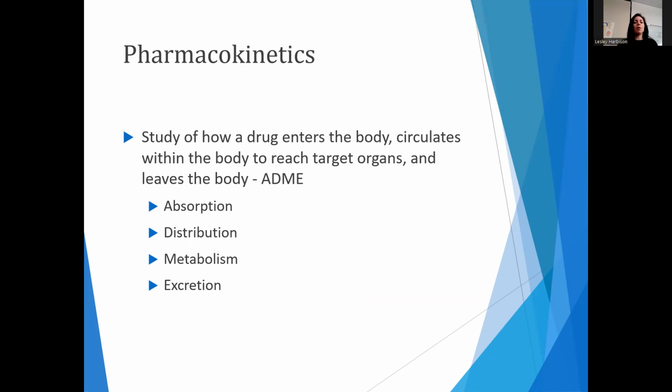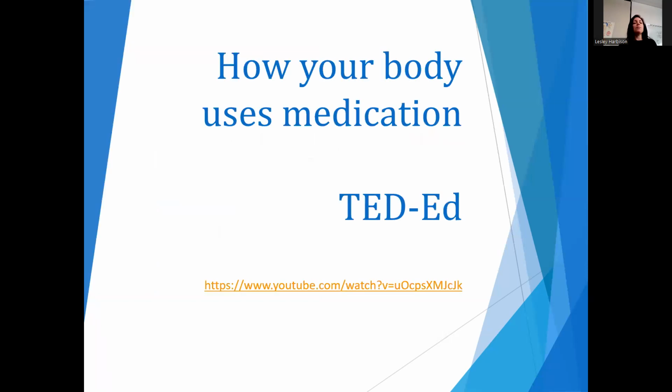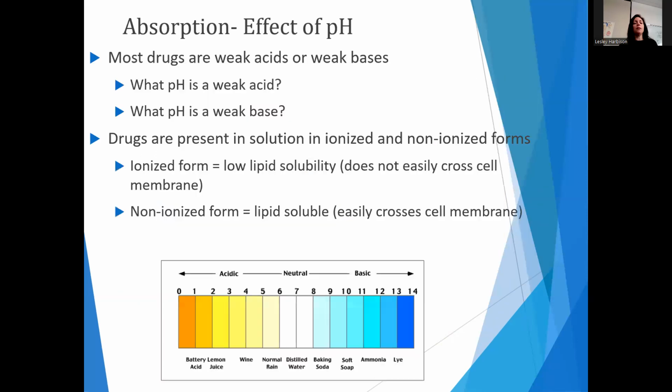So that one has a little more content. Distribution has a few key points, and then metabolism and excretion we don't go in deep on. They're probably much more complicated than what we talk about, but it's pretty limited. So the next one, distribution.